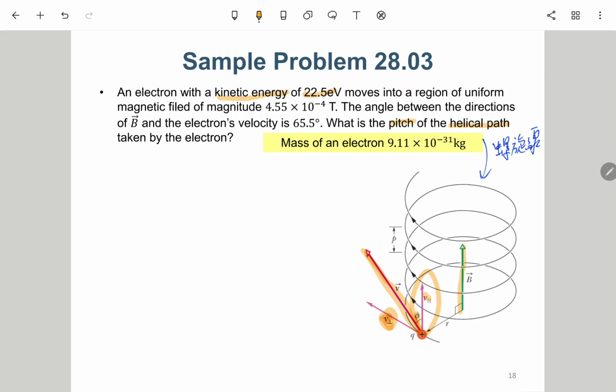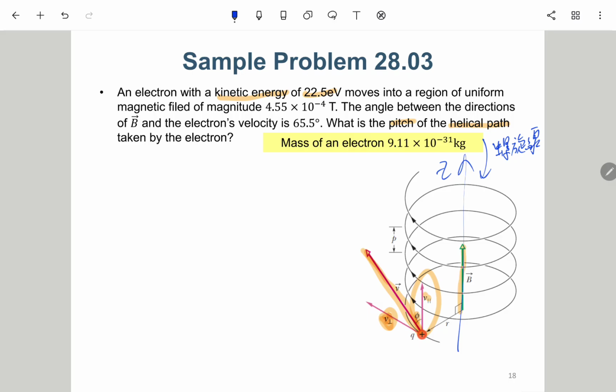Let's say this is the z direction. So this charge is moving uniformly in z, with a uniform speed that doesn't change at all.